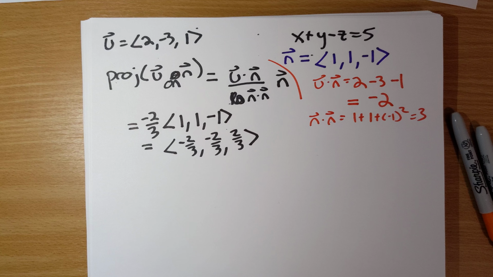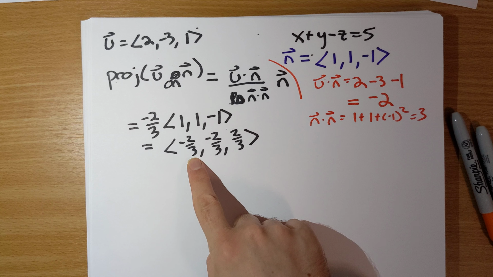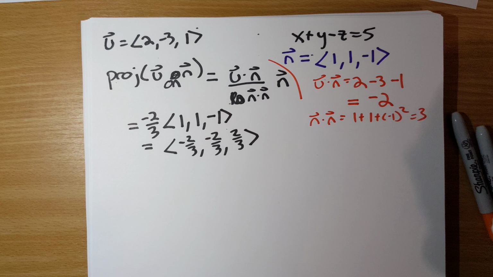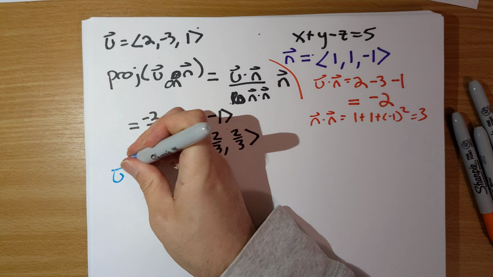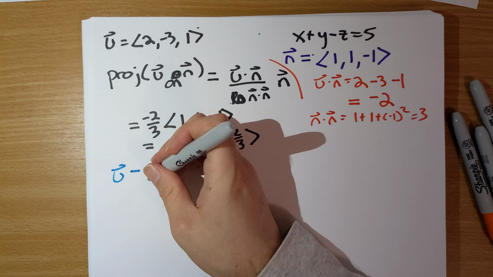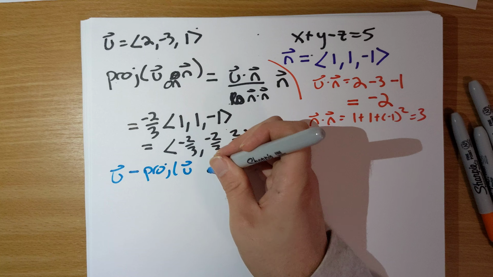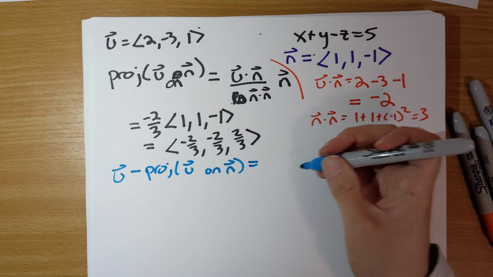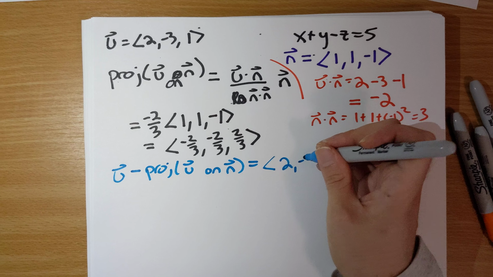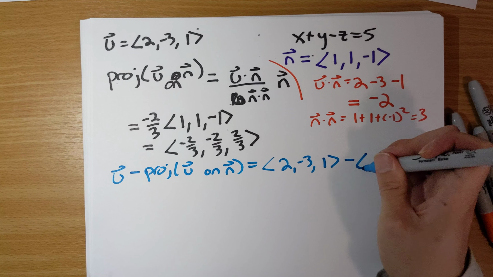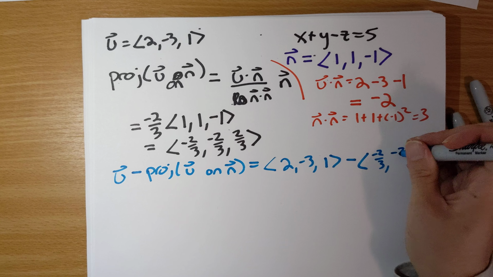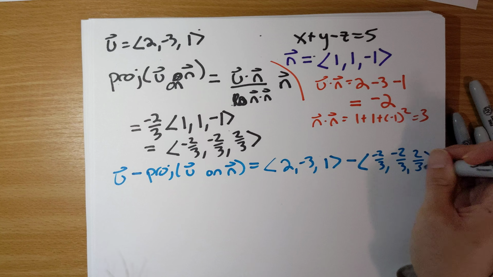We also need the vector parallel to the plane. To find that, we just do u minus the projection of u on n. So this is ⟨2, -3, 1⟩ minus ⟨-2/3, -2/3, 2/3⟩.